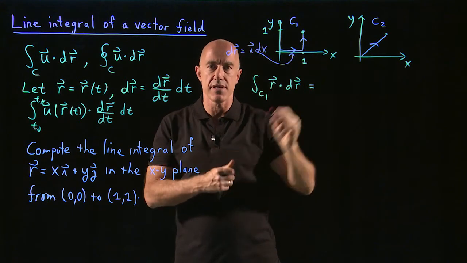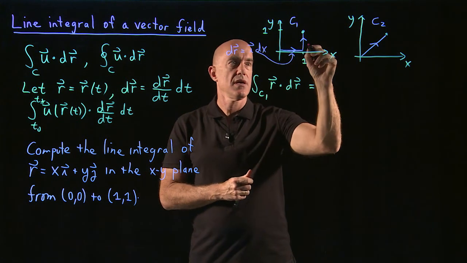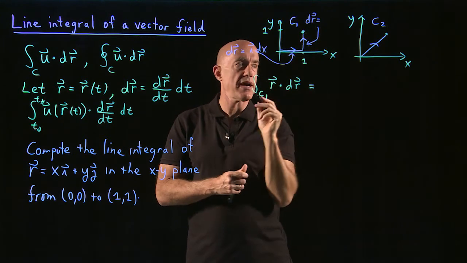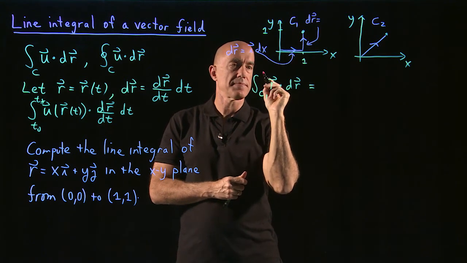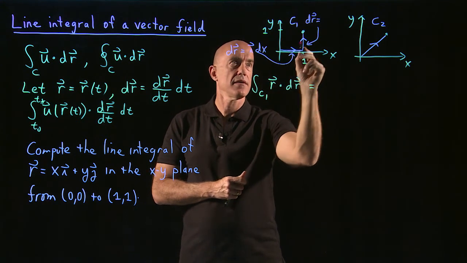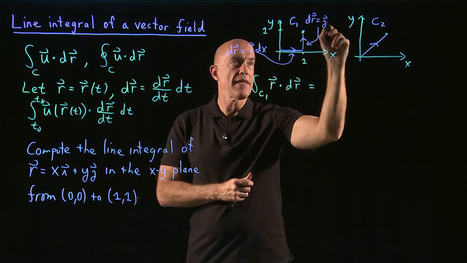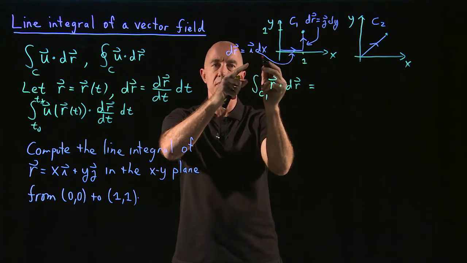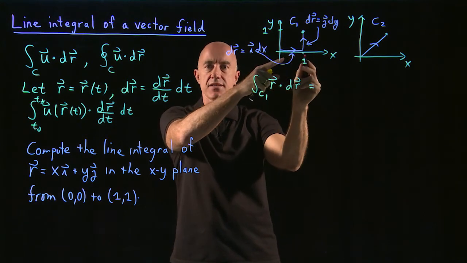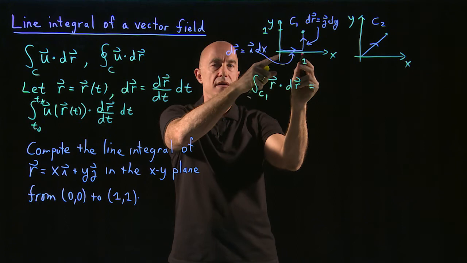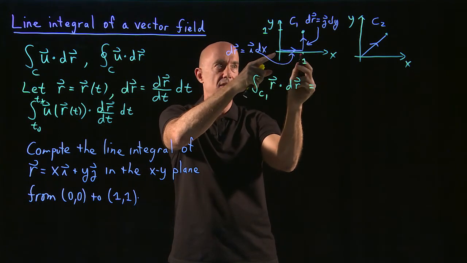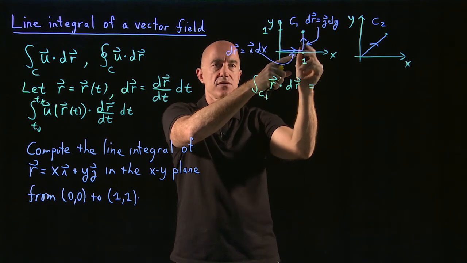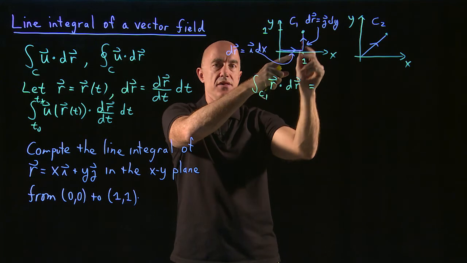It's just a simple integral along the x direction. On this path here, our dr is in the direction of j, and then has an element dy. Okay, so our drs are very simple here. This one is in the direction of x, so the vector is i, and then we're taking elements dx. The second line segment here is in the direction of y, so the vector is j, and we're taking elements dy.